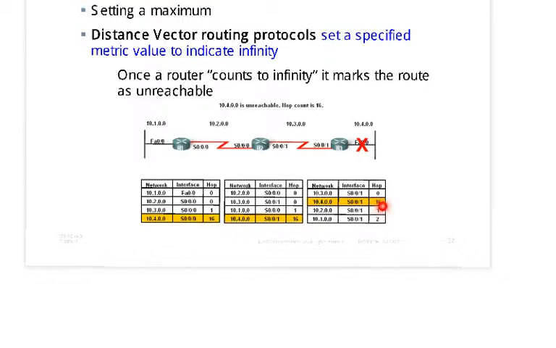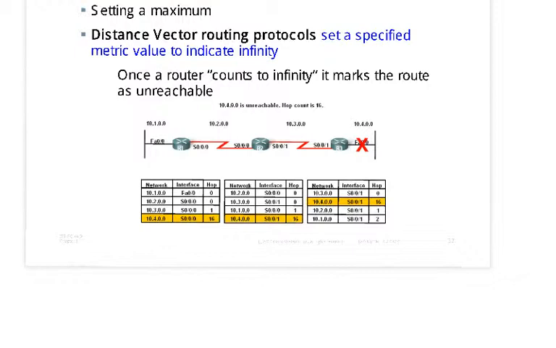So 16 indicates infinity for RIP, which means that if the hop count reaches 16, this network is unreachable. Okay? And as we can see, if the hop count becomes 16, this will prevent the routing loops.